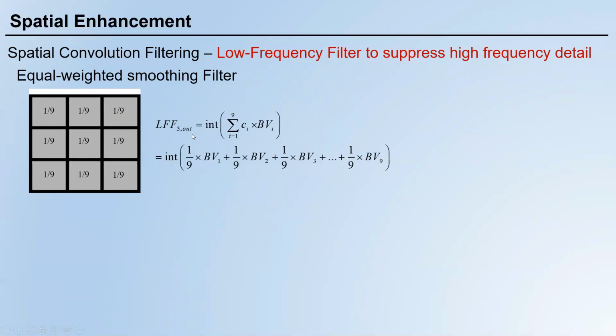On the right side, we have this mathematical equation, and this int means integer, because when you calculate the mathematical mean of 9 pixels, you could get an integer, which is convenient. You just take it and assign that value to the central pixel. Most likely, it is not going to be an integer. If it is a decimal, you just find the closest integer, or round up or round down. It depends, but eventually you will have an integer value for the central pixel.